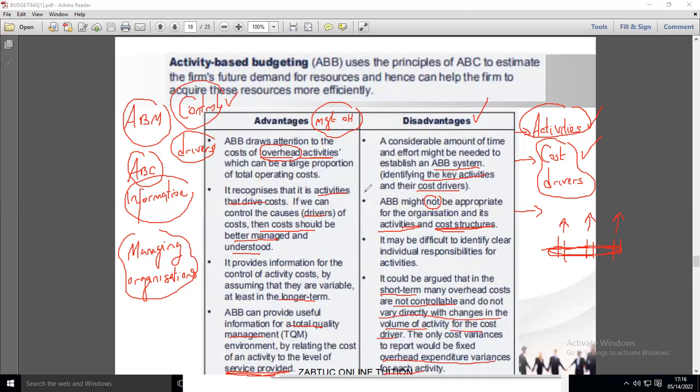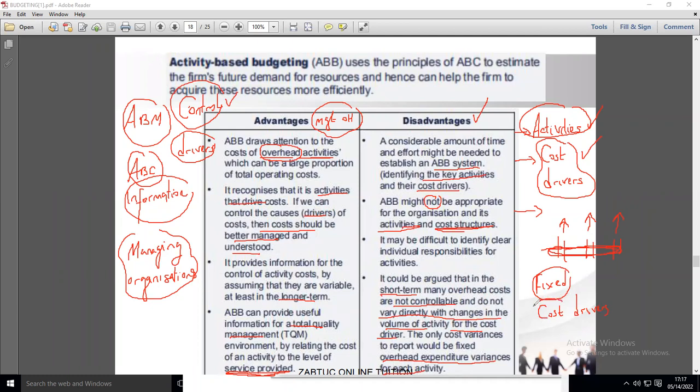And that is very true, eh? That's true. Many overheads, think about labor. Labor-related costs, you may find that they are fixed, really, in the short run. And that's true with many costs. You can't easily change and make a decision. For instance, thinking that you can easily reduce the cost driver, and reduce the cost.